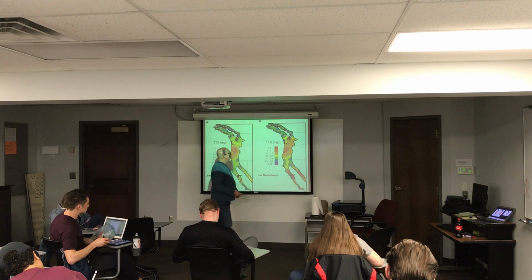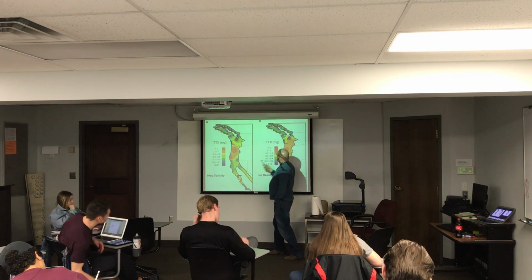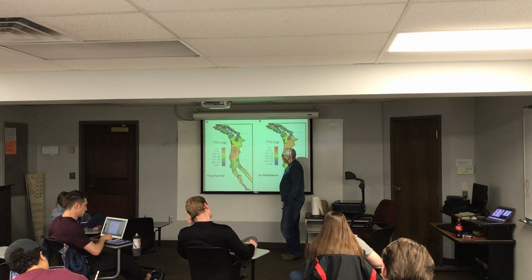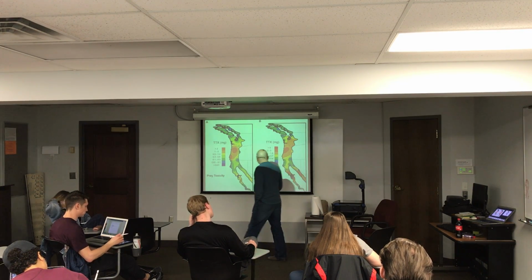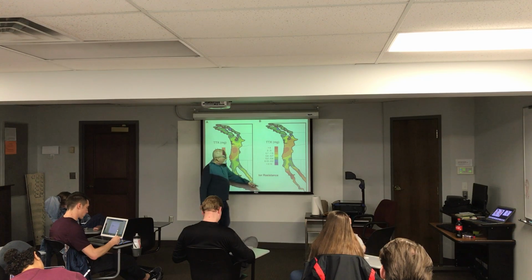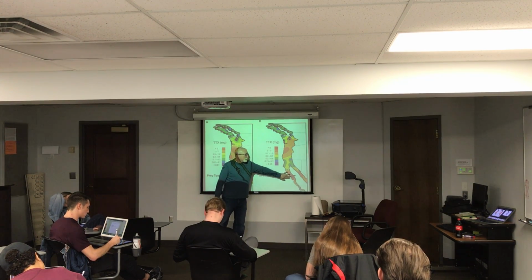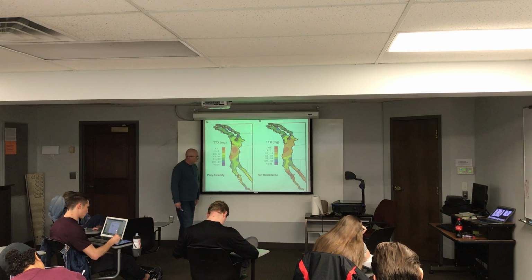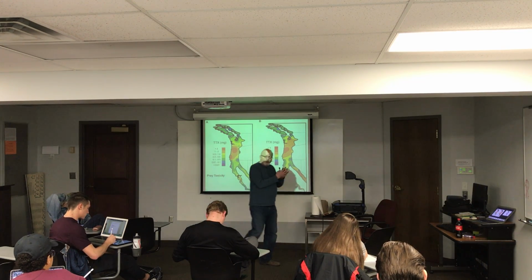You see that in some cases, the toxicity of the newt matches up nicely with the resistance of the snake. But down around San Francisco, it looks like the newts are not nearly as toxic as the most resistant snakes. And so you can basically put these two maps together.